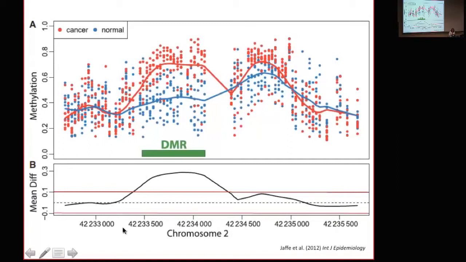That's what this second plot is. This represents the mean difference between these two lines. And when the mean difference is larger than some threshold, here it's 0.1 and -0.1, then you say that is a region that is differentially methylated. Does that make sense?